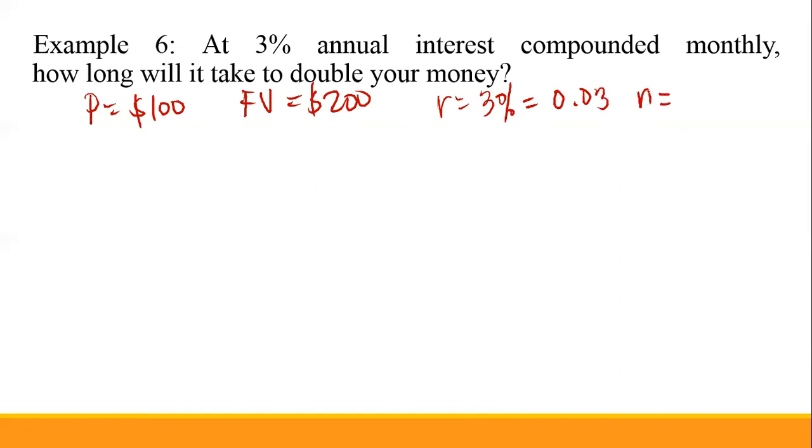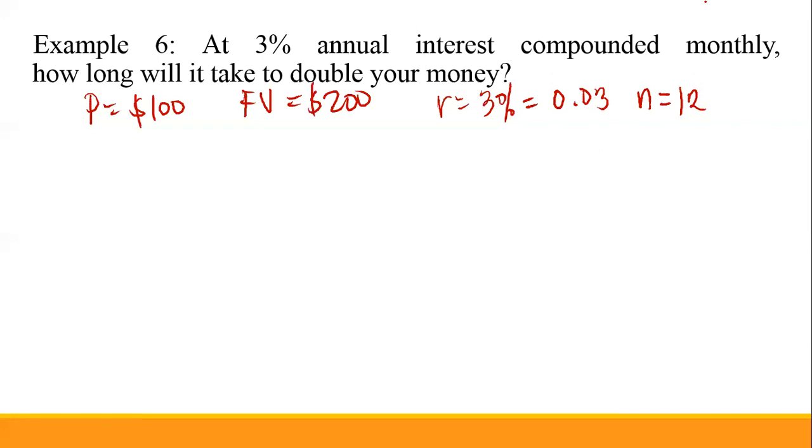So, annual interest compounded monthly kaya 12. Okay? Ayan. So, dalawa pala yung given. So, since incomplete, so if we start with $100, then P is $100 and the future value is 200.